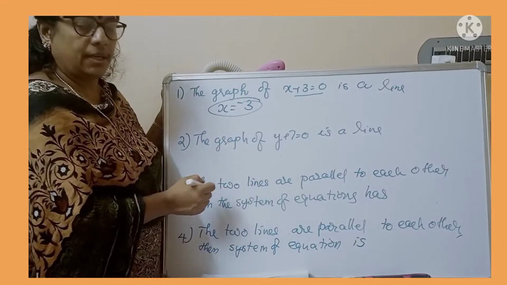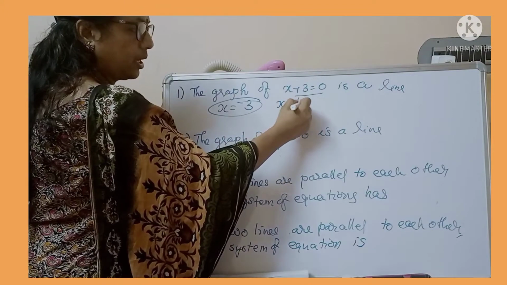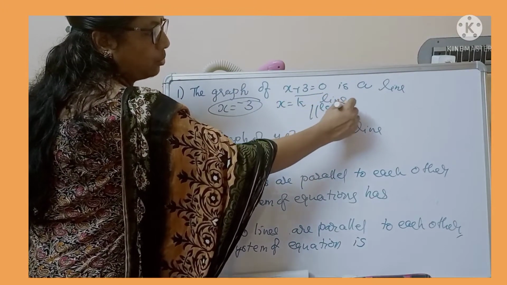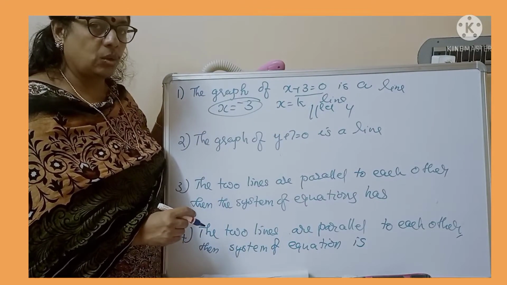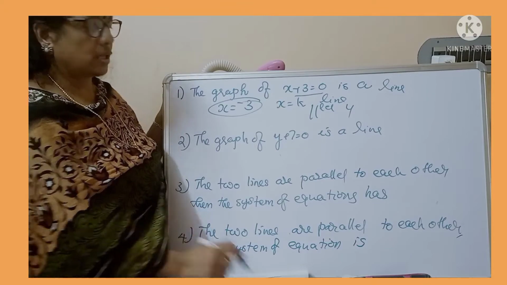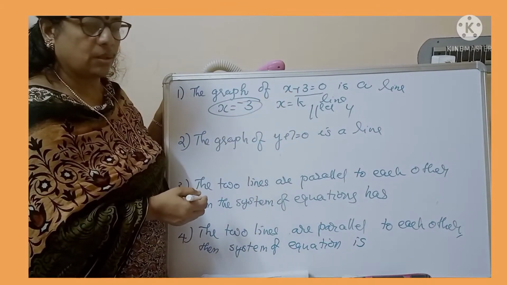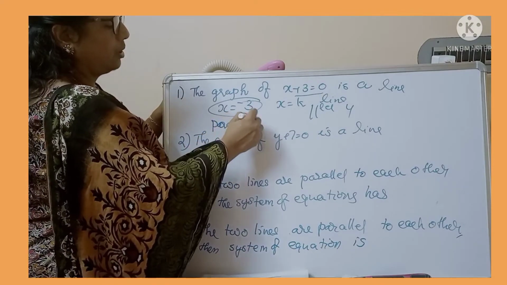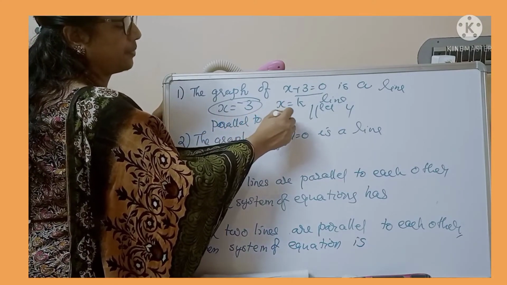So we studied x equal to a constant is a line parallel to y-axis. So x plus 3 equal to 0 is a line parallel to y-axis.